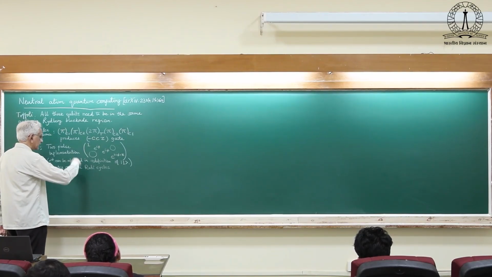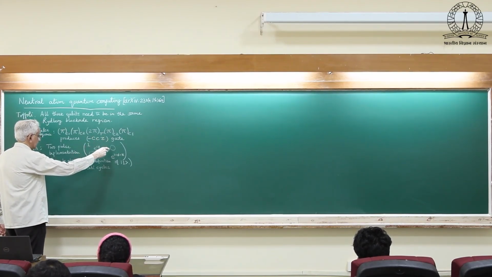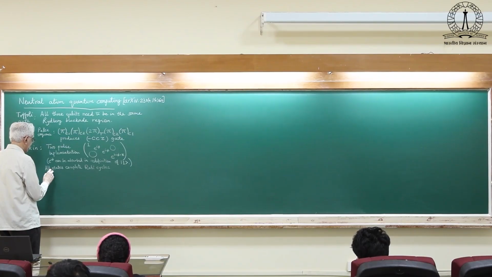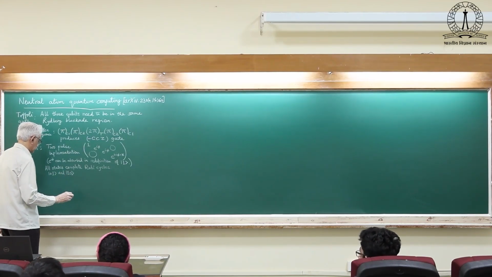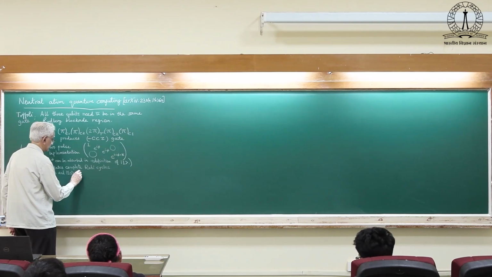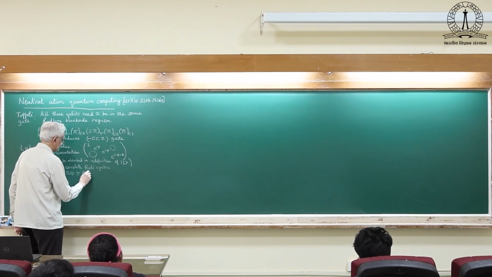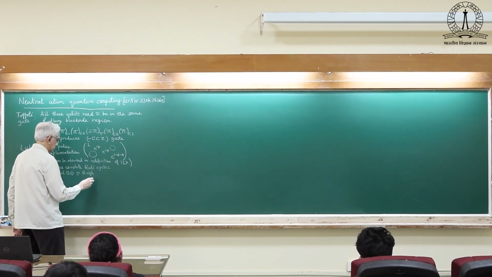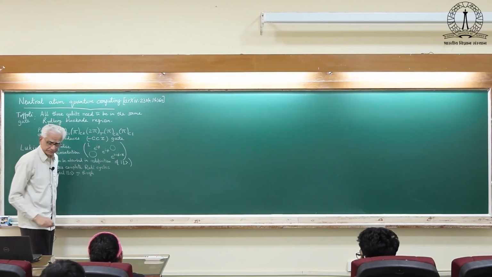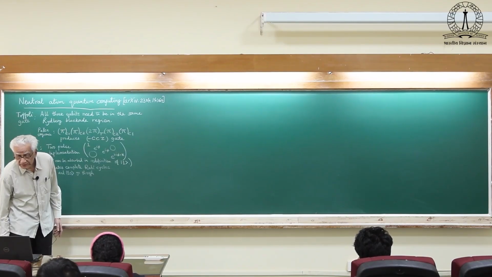So, the cycle will require going to an excited state and coming back. So, both these 0 1 and 1 0 go through the excited states, which will be in this notation.